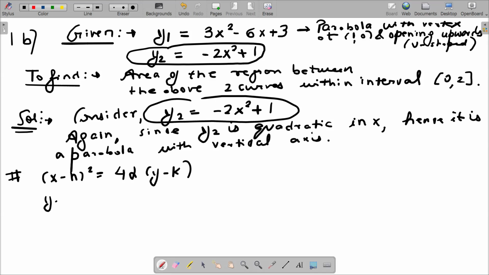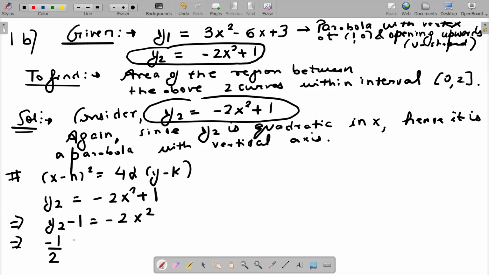So y2 is equal to minus 2x square plus 1, which implies y2 minus 1 is equal to minus 2x square, which implies, I can take minus 2 to this side, becomes minus half times y2 minus 1 is equal to x square, which I can write as x minus 0 square.